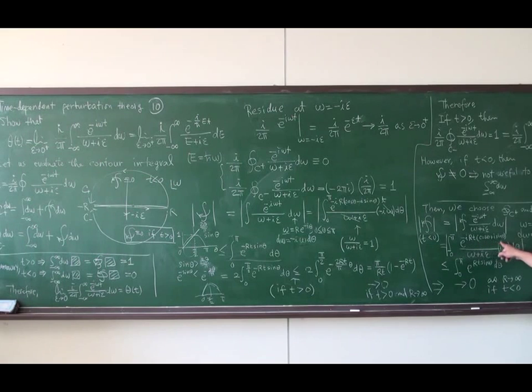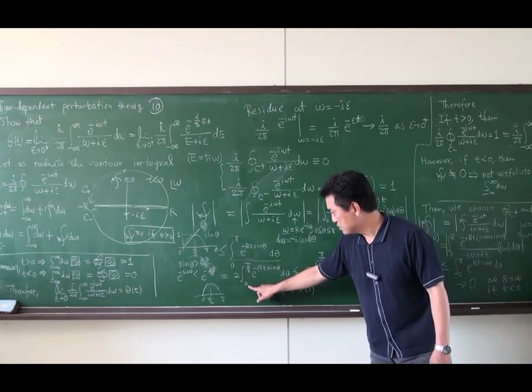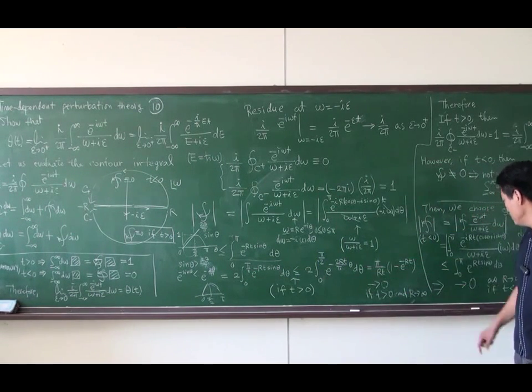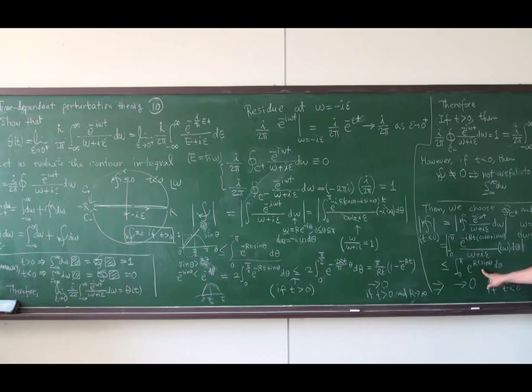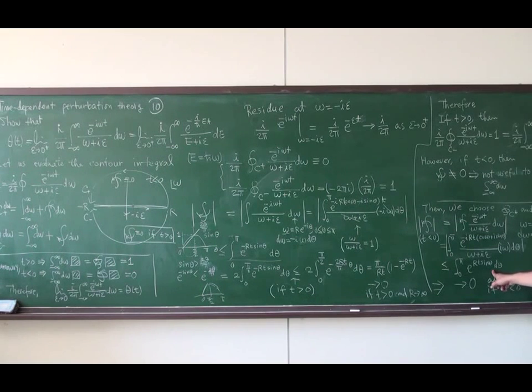I take the absolute value of the integral, that is the same as this, except that I have a positive sign, r t sine theta d theta, and again we can double the integral from 0 to 1/2 pi and so on. And finally, because t is negative, this guy, just like this integral, vanishes as r goes to infinity.